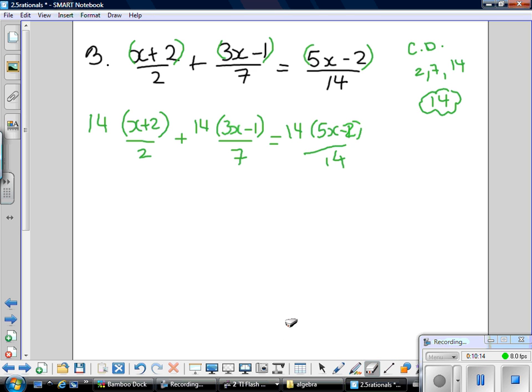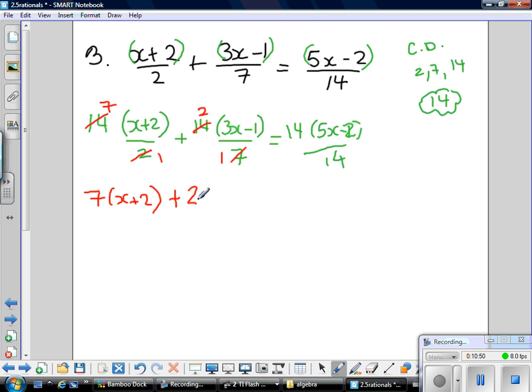All right, so just like the previous examples, if we came up with the correct common denominator, we should get rid of the 2, 7, and 14. 2 goes into itself once, 2 goes into 14 7 times. So what I'm left with is 7 bracket x plus 2, and it would be over 1, so I don't have to put that, plus 7 goes into itself once, 7 goes into 14 2 times.